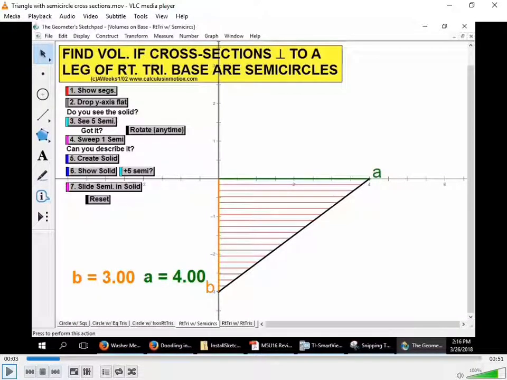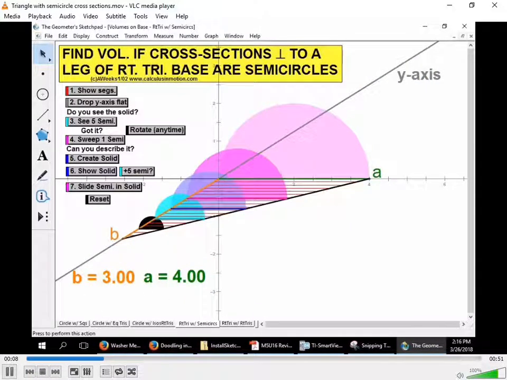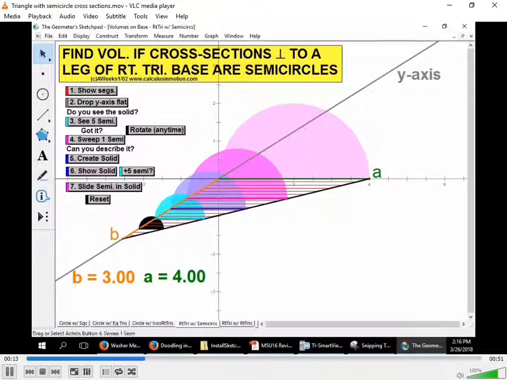We have a different line here, and these cross sections are a little different. These are not squares like what we're working with. These cross sections are semicircles, and you can't see them because right now you're looking down at the shape. But watch what happens when we drop it. Here I'm going to drop the y-axis, and see those are your semicircles. You see how the lines in the semicircles show up right there?